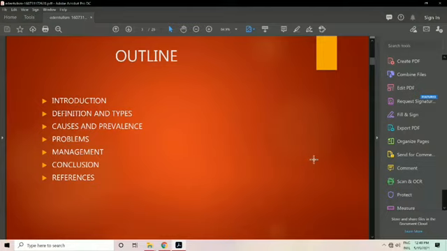The next lecture will enumerate common ways of restoring the edentulous state, then how to counsel patients on the importance of restoring missing teeth and tissues with respect to the benefit on oral and systemic health, and enumerate the parts of teeth. All these lectures will be taken under our department. Now today's lecture is related to the different causes for partially or completely edentulous patients. So the outline, as I told, is introduction, definition and types, causes and prevalence, problems, management, conclusion and references.